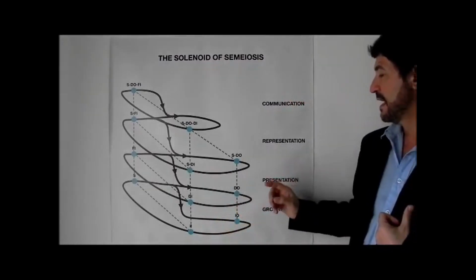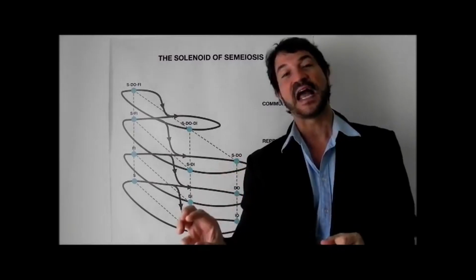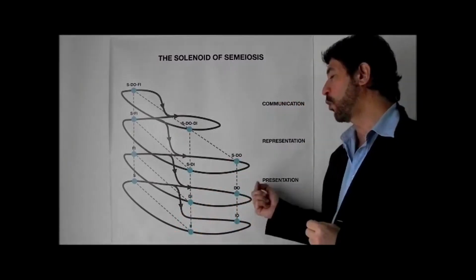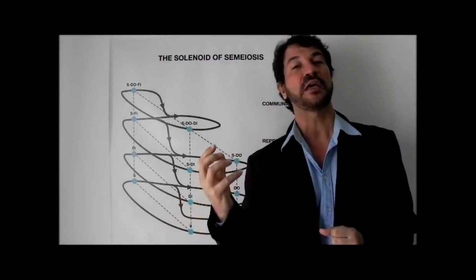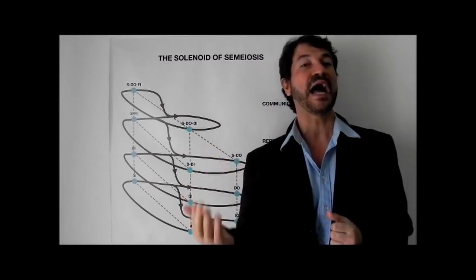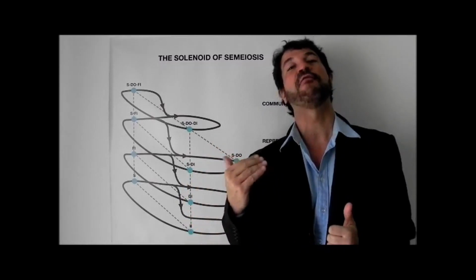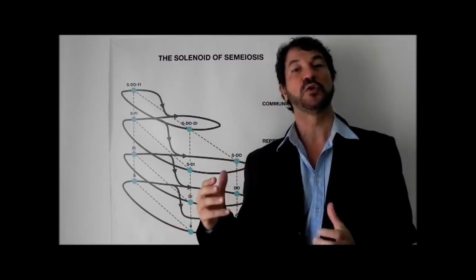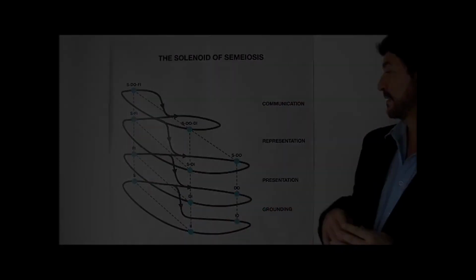That is the phase in which we are not paying attention to the sign itself as such, but we are investigating, inquiring what is the meaning, what is the dynamic object that is behind the sign. What is the form of the dynamic object the sign professes to represent? And that is the inquisitive phase.